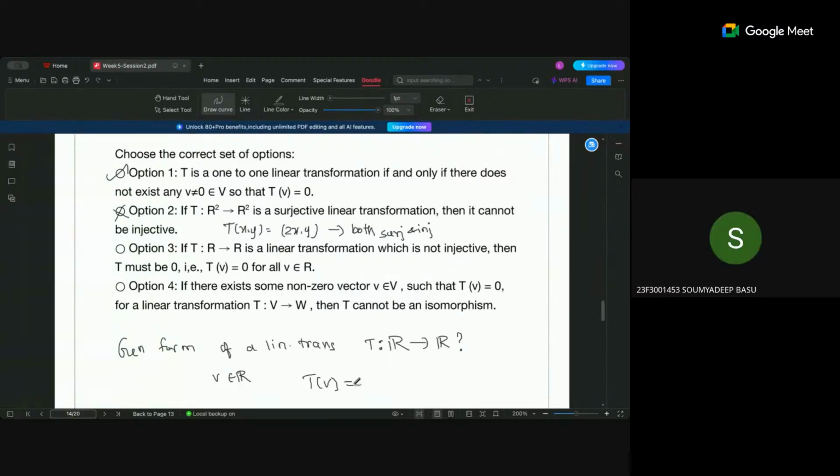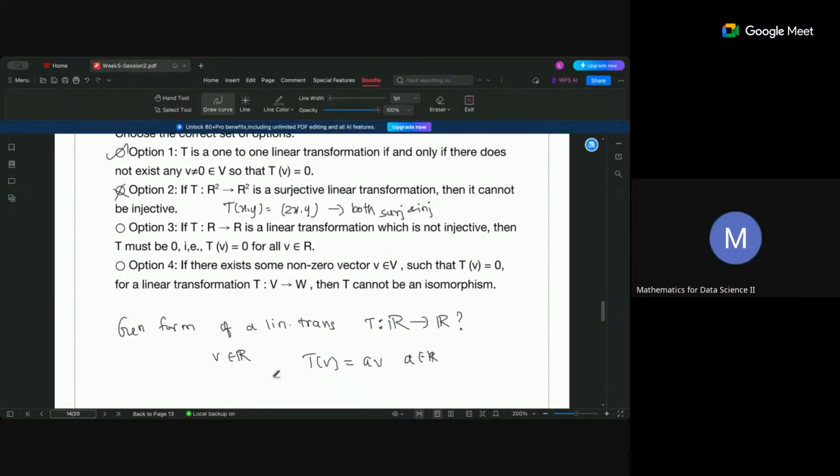T of v is equal to a times v, where a is some real number. So this is the general form of a linear transformation from R to R.